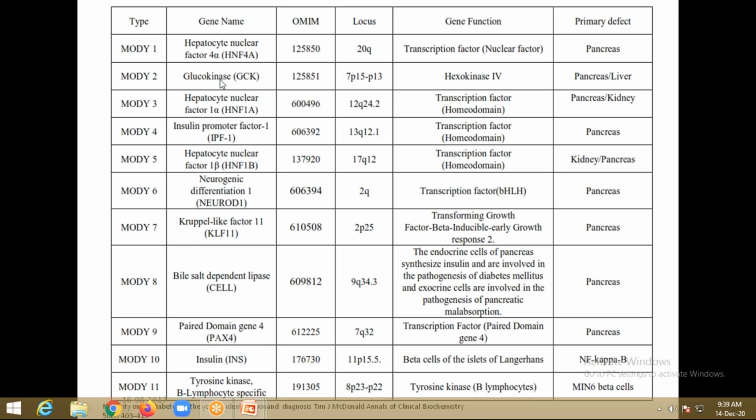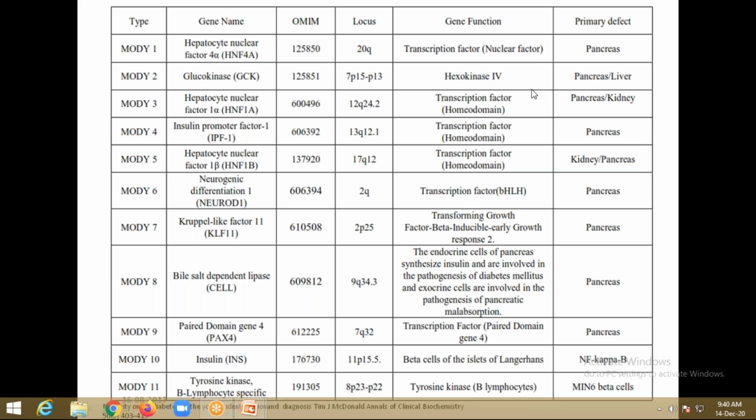Then coming to the second type of MODY, that is glucokinase. This gene is defective. Glucokinase is an enzyme. The gene responsible for the production of that particular enzyme is the glucokinase gene. If that gene is defective, then you have MODY 2. And here the chromosome is 7p, and the gene function is hexokinase 4.